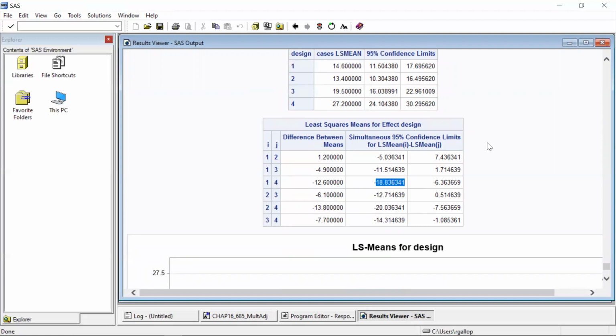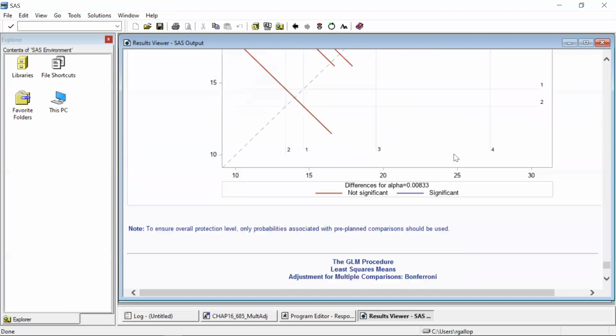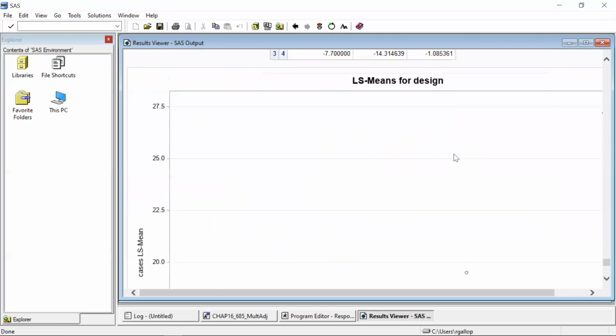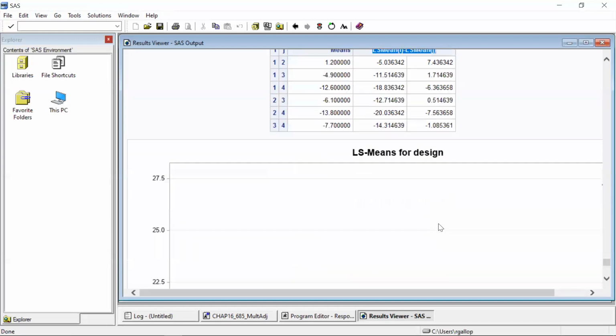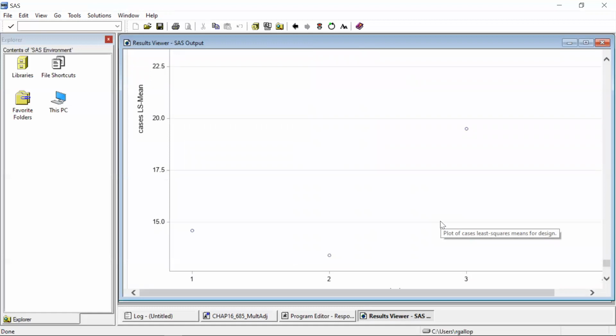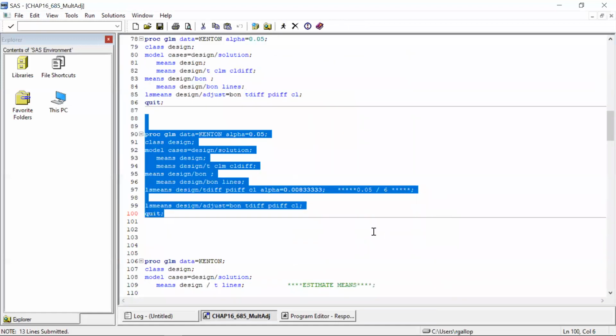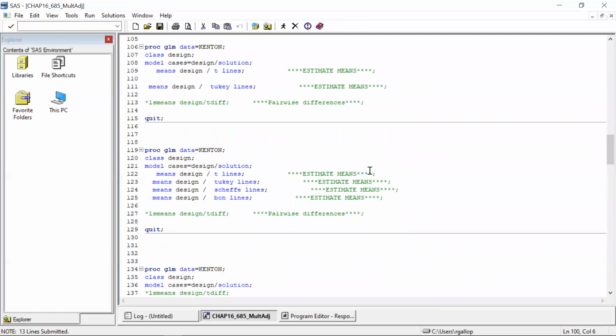The difference in the outputs: this is giving us a simultaneous or multiple comparison adjustment via the Bonferroni technique. This is flagged by the confidence interval being changed, whereas I'm manually adjusting it. They both give you the same thing. Again, it's up to you.